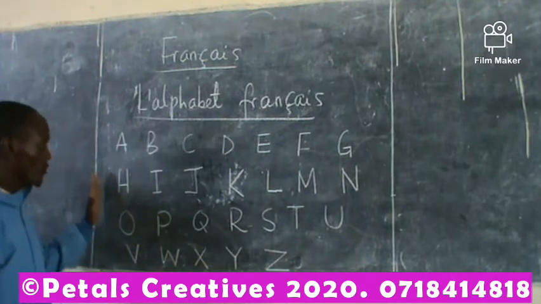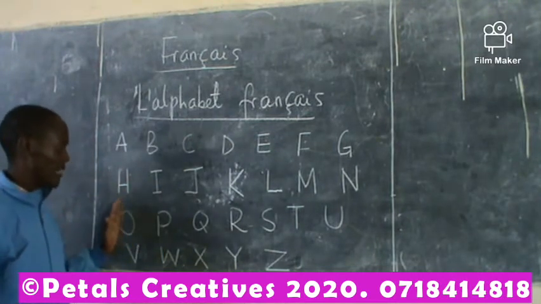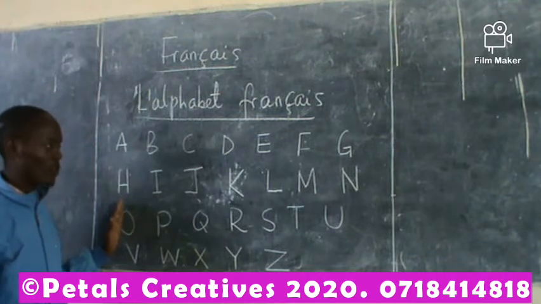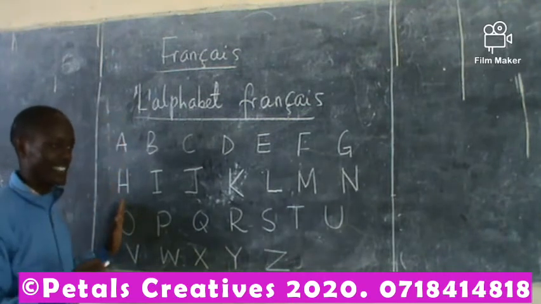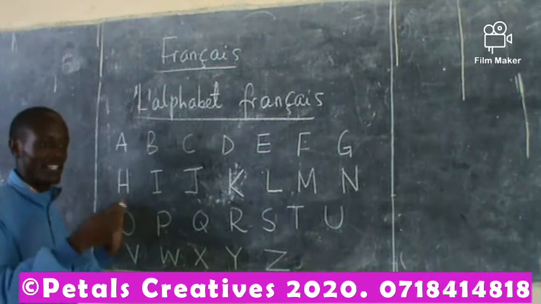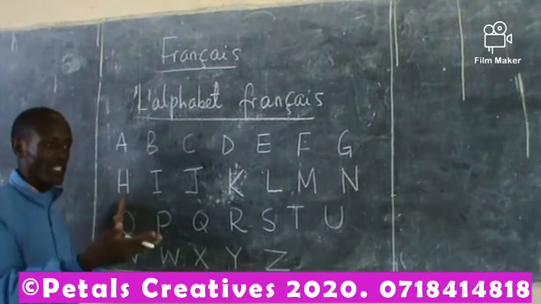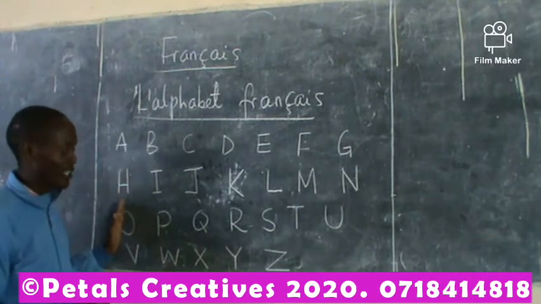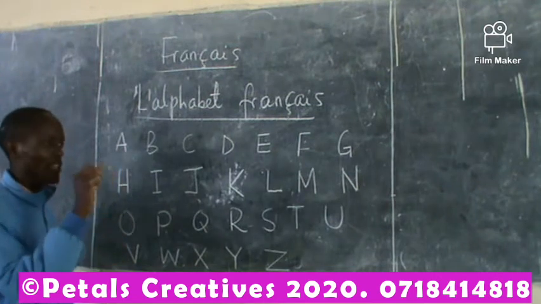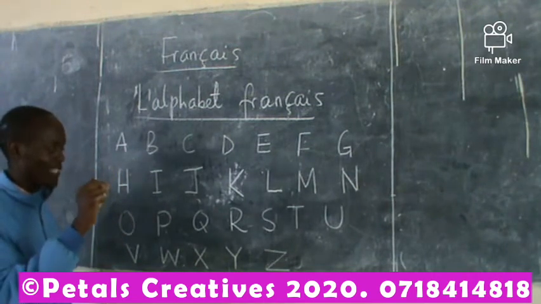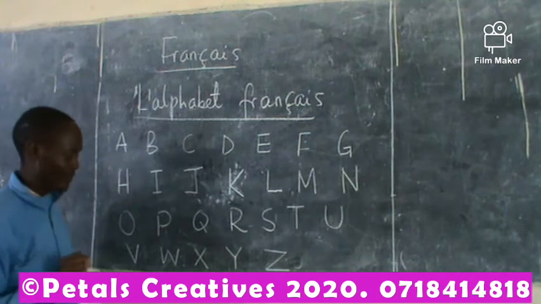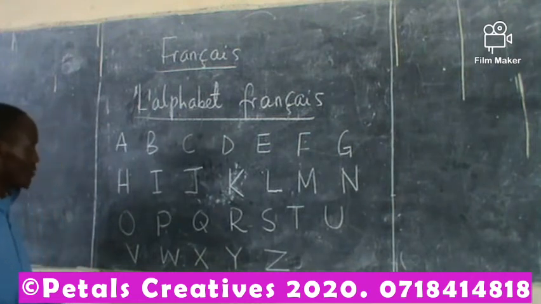So I'm going to go through this alphabet once again, and if you have a special way of noting beside the letter, such that you are able to remember it for future reference, you can just write the way you understand the sound. You can just write it next to the letter for easier reference in future.